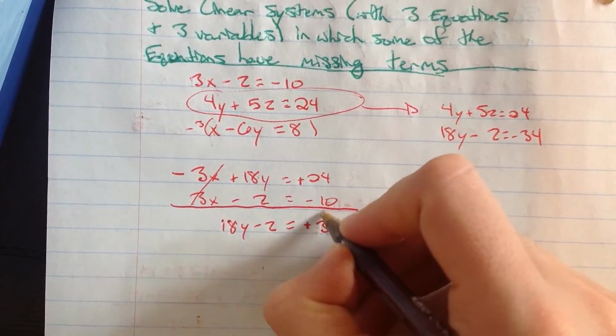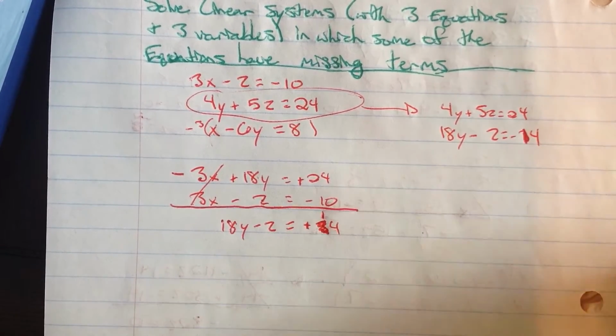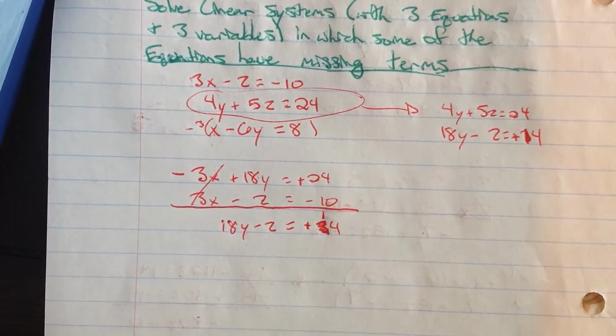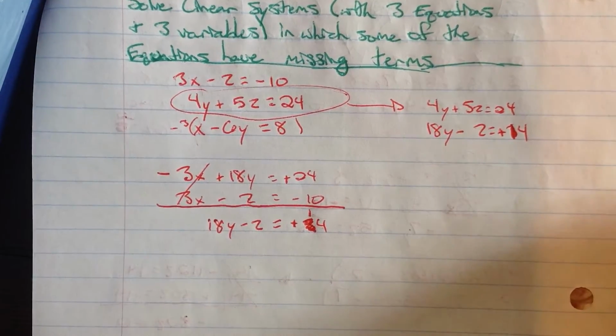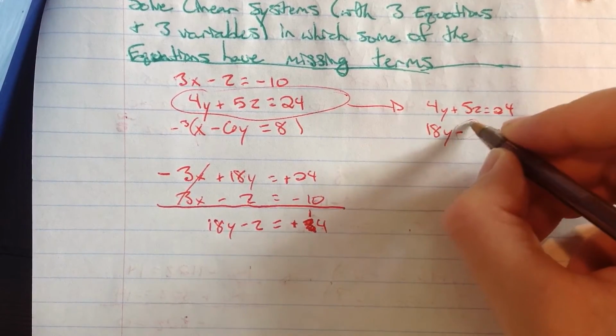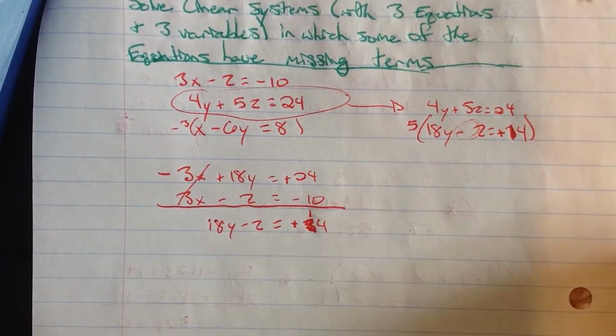So this should have been a positive 14. So once again, checking your math really quickly will save a lot of headache later, because you don't want to miss a positive or negative on these big equations. So notice positive 5z, negative 1, this would be easy to become a 5. So let's make it a 5 so that the z's will cancel.